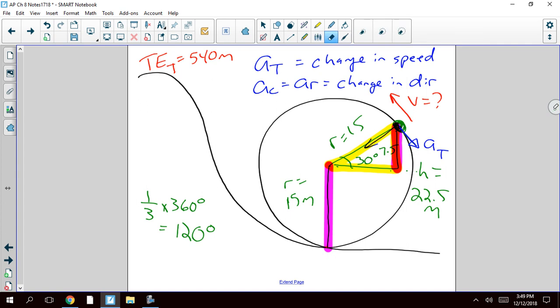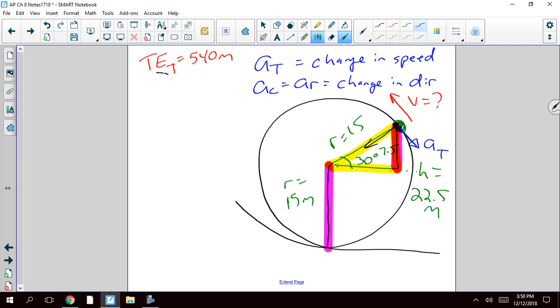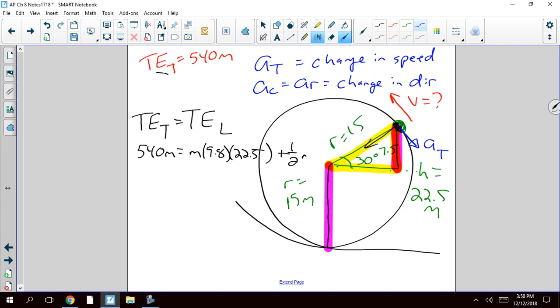Here's what we know. The total energy at the top of that first hill is equal to the total energy at that point on the loop. So 540 m is equal to, well, the GPE at that point on the loop is m times 9.8 times 22.5, plus 1/2 mv squared.